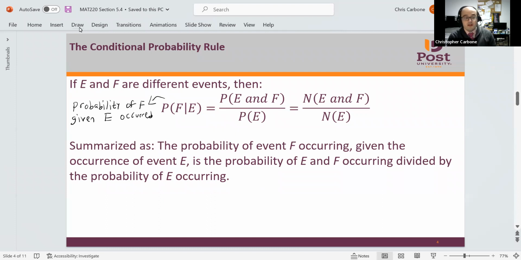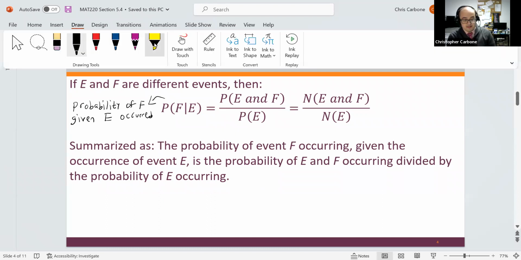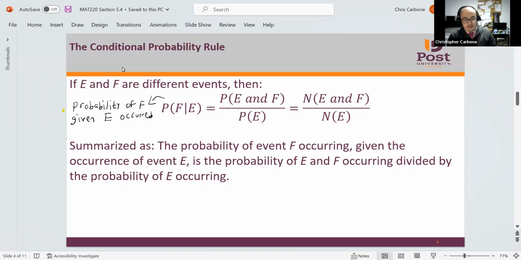Again, make note of where that event E is: E has already occurred, and it's after the given symbol.